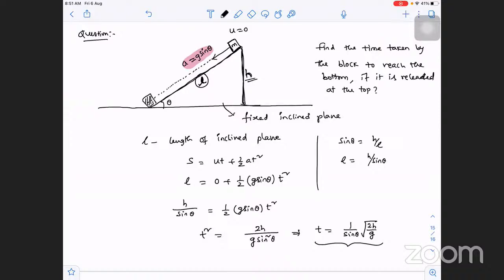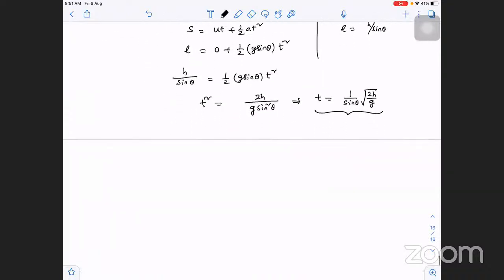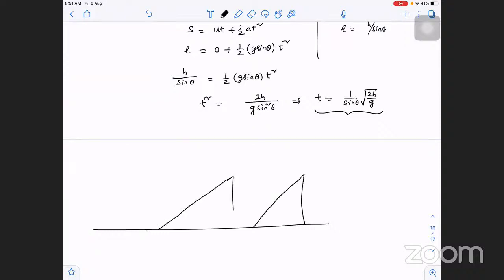I'm ready, huh? Okay. So now I'm going to take three different inclined planes. Let us say this is the one inclined plane. This is the second inclined plane.